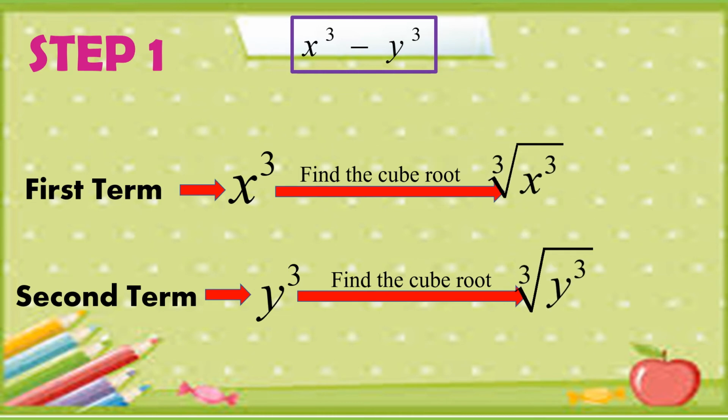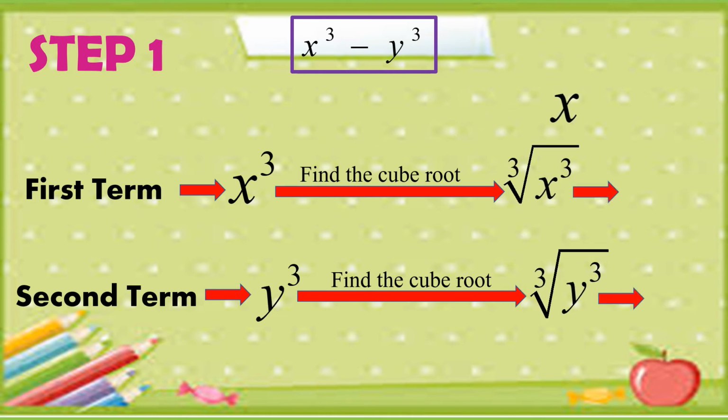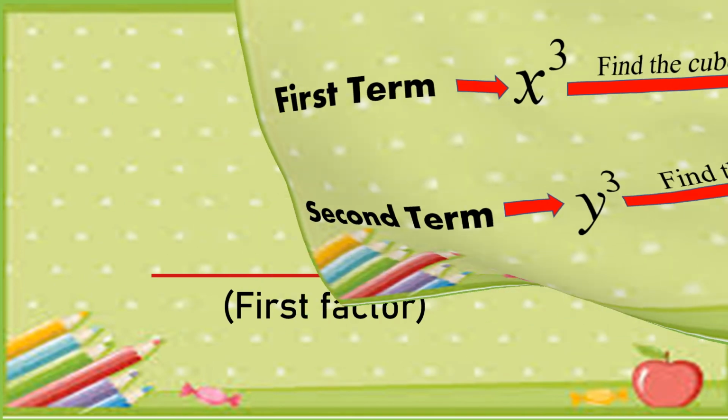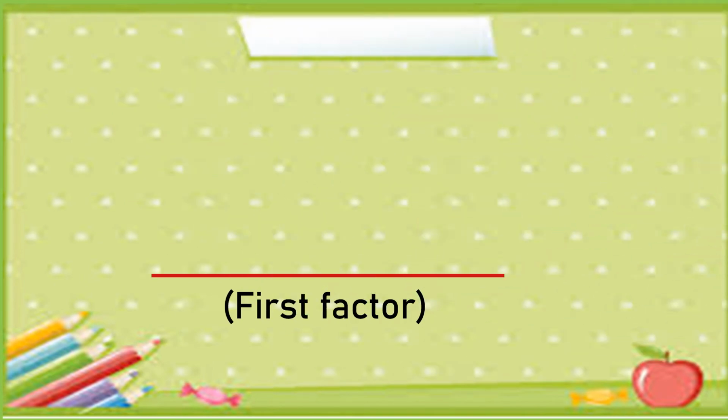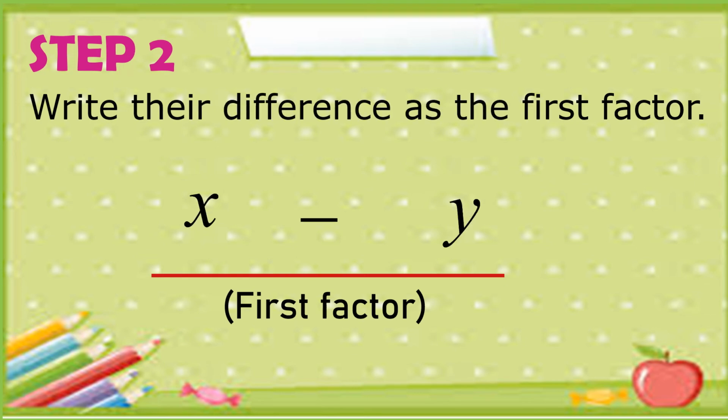Find the cube root. And we have now x and y. For step 2, write their difference as the first factor. So we have now x minus y.